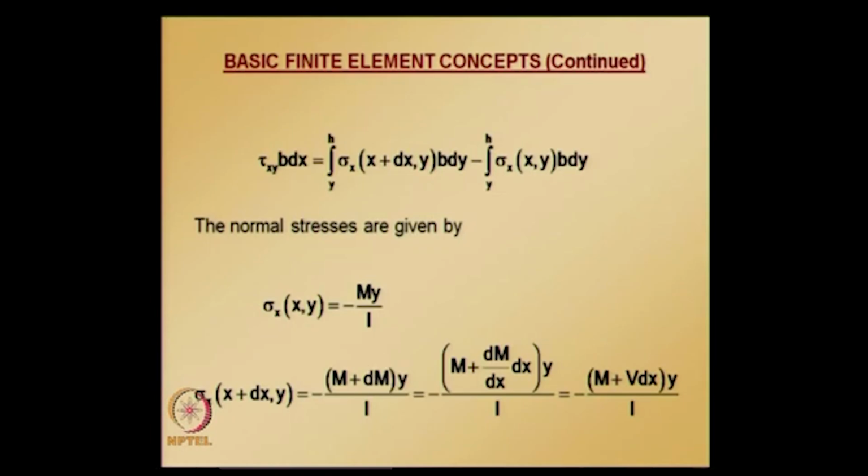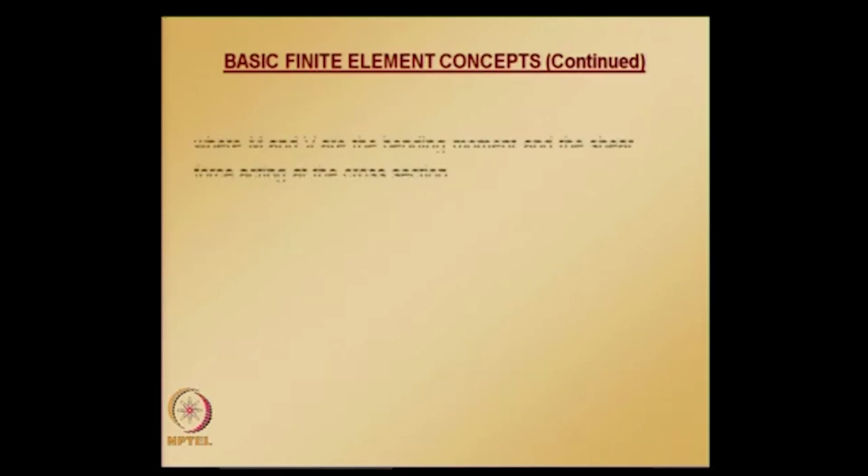Now we can substitute these into the equilibrium equation we have written by considering forces acting at a distance y from the neutral axis. Here capital M and capital V are the bending moment and shear force acting at the cross section.